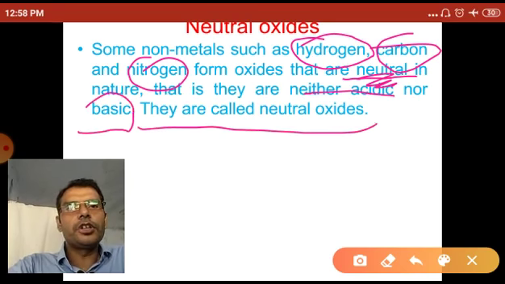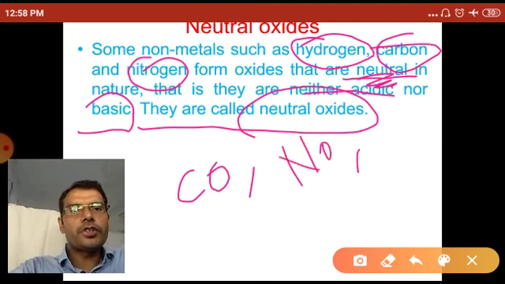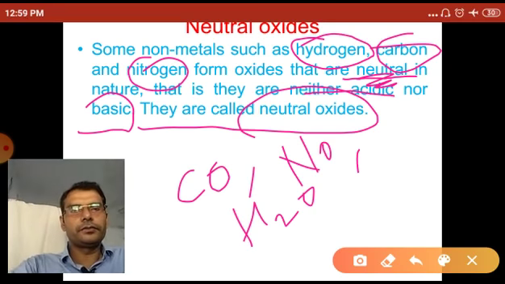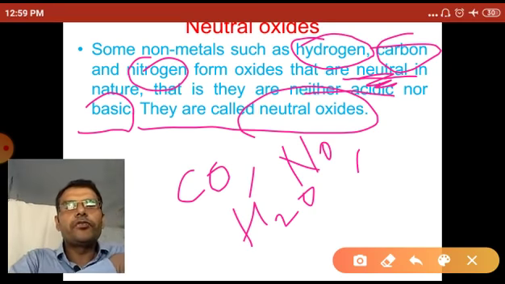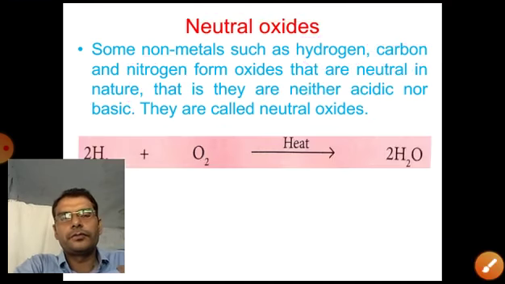They are called neutral oxides. For example, CO is a neutral oxide, NO is a neutral oxide, and H2O is also a neutral oxide. These oxides neither react with acid nor with base, so they are called neutral oxides.